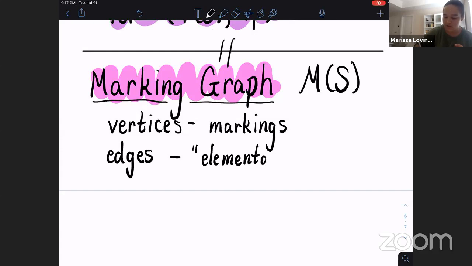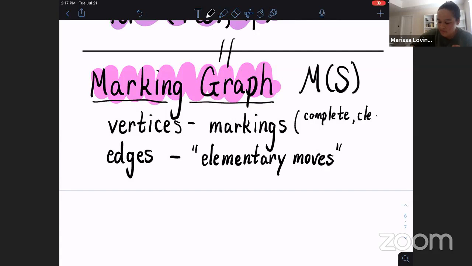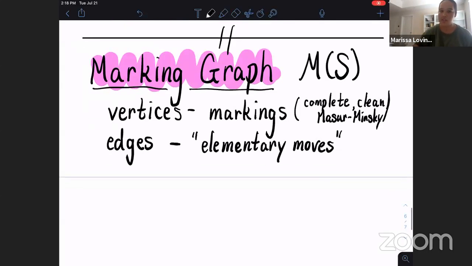These are not going to be the same as the ones we talked about for the pants complex, but they're going to be reminiscent, I would say. Really, secretly, this should say complete clean markings. This is the language used by Masur-Minsky, who defined this. So again, this is where we're getting into some of the work that Masur-Minsky did for the geometry of the mapping class group, or the curve complex rather.